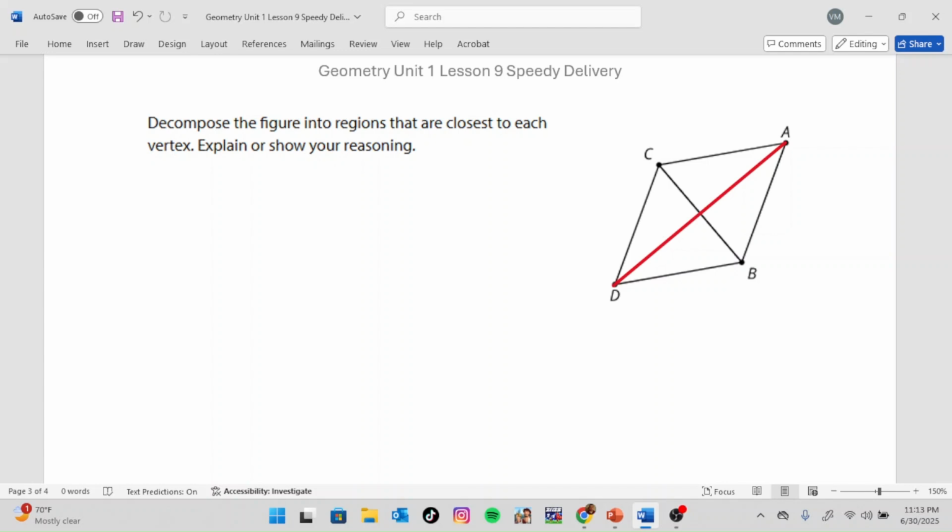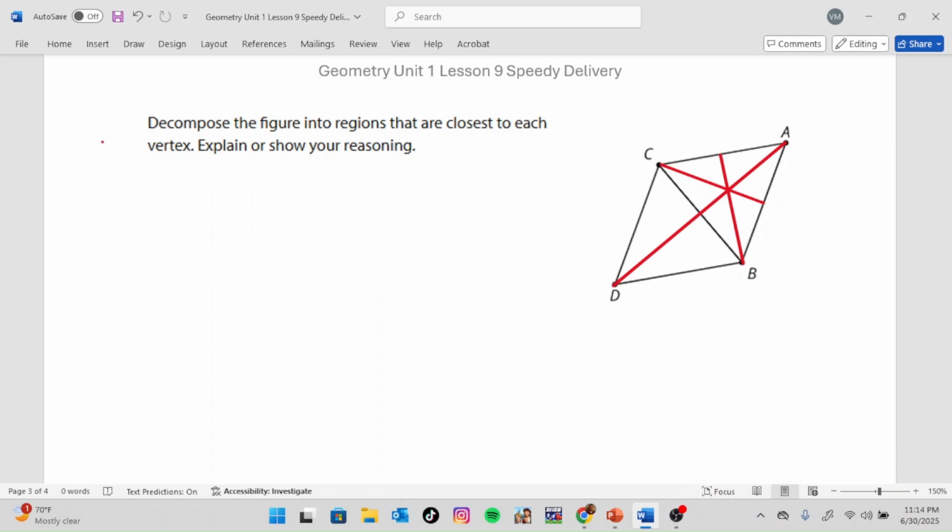It's going to go from halfway between C and A down to point B. Then I'm going to do the same thing to separate A and B. This perpendicular bisector is going to go from point C to halfway between A and B.